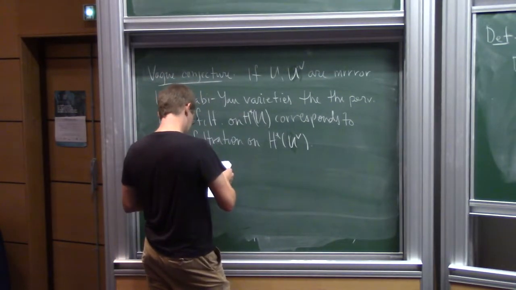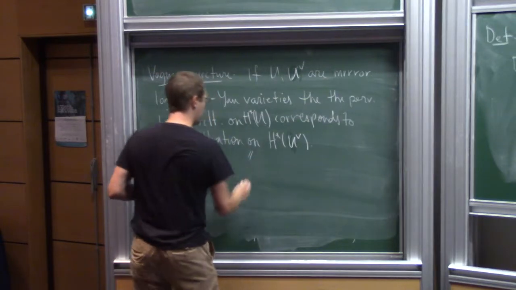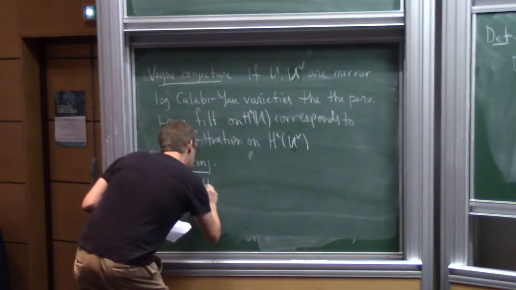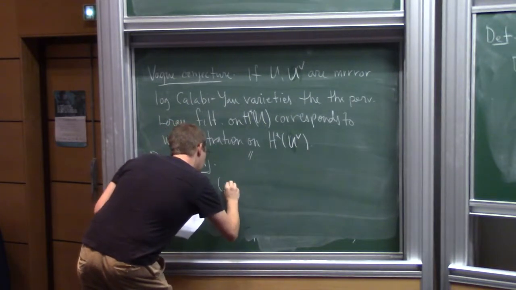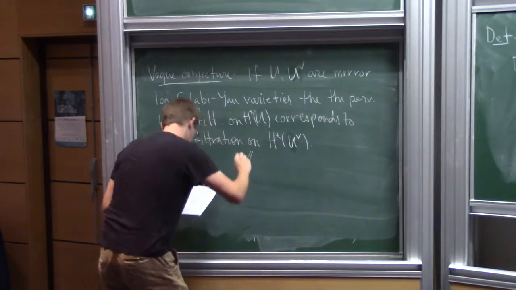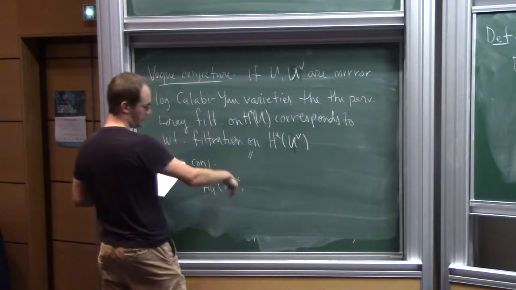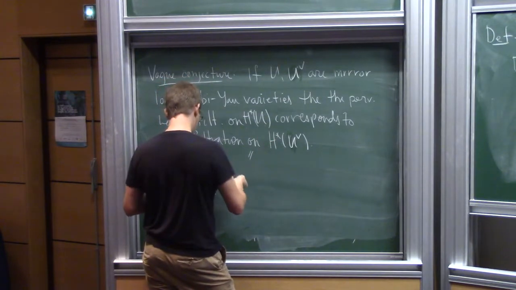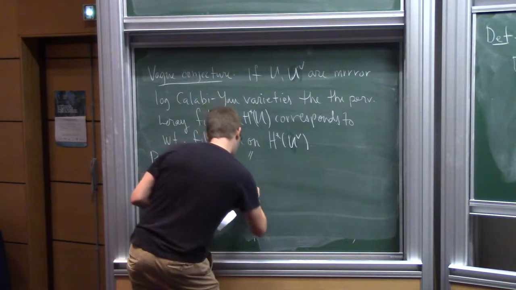Is that, under the same assumptions, U and U check are mirror dual, then H of U to the -1, T to the -2, and there's some sort of inversion going on here, which corresponds to switching Hodge numbers in a more standard way.